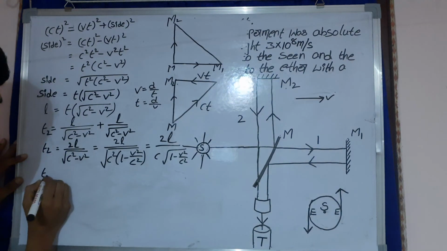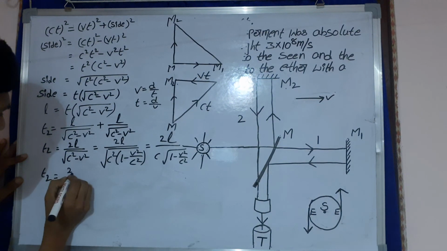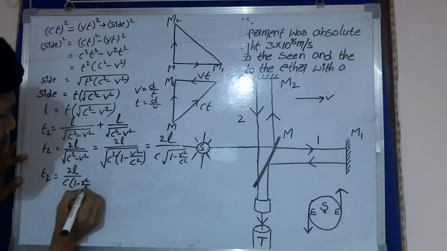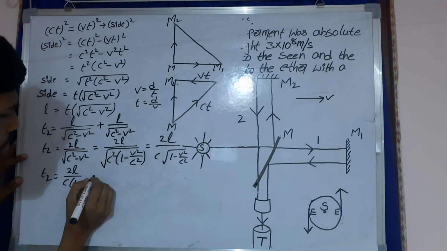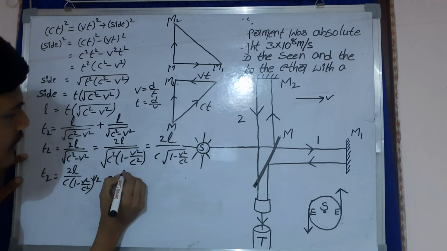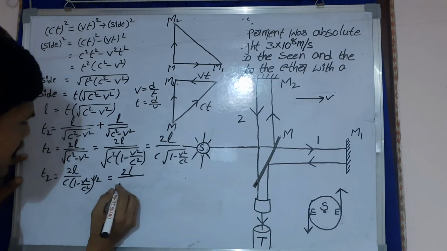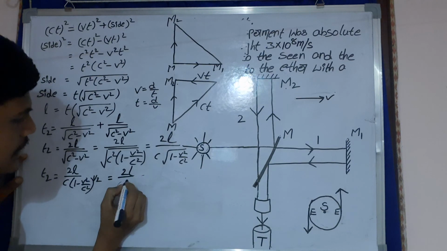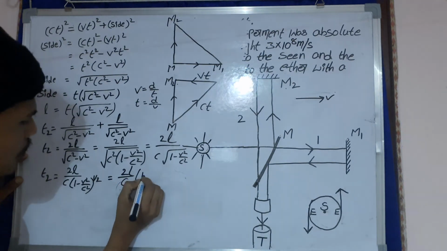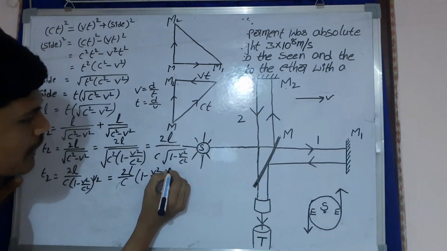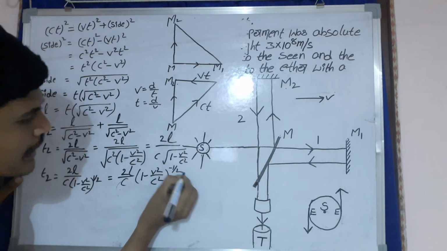So again T2 equal 2L by c into 1 minus v square by c square whole power, root means 1 by 2. That equal 2L by c into 1 minus v square by c square whole power minus 1 by 2.